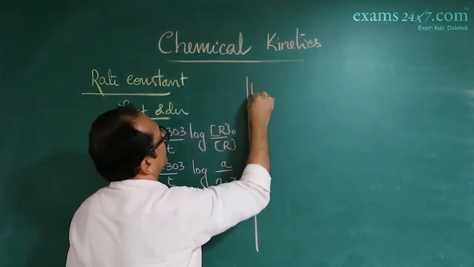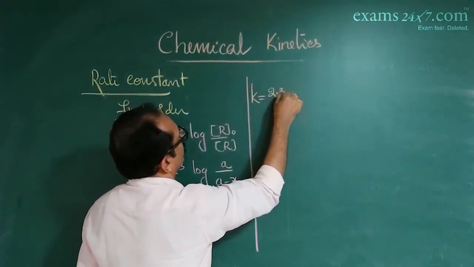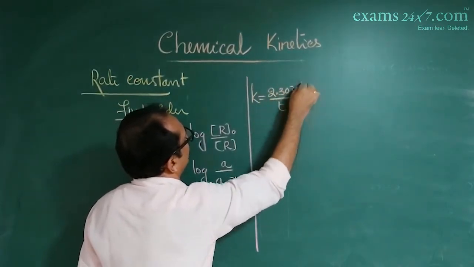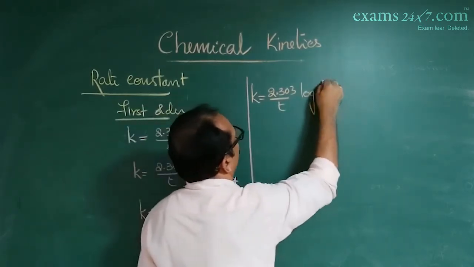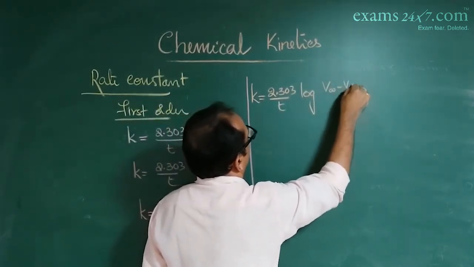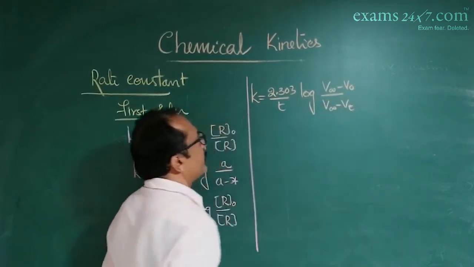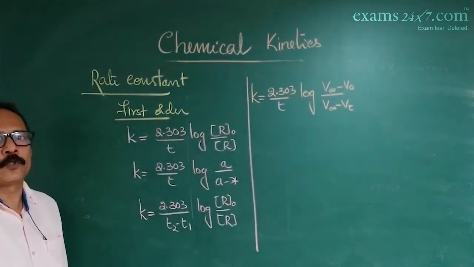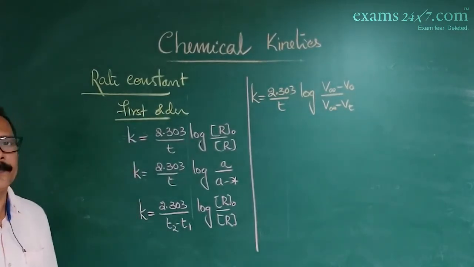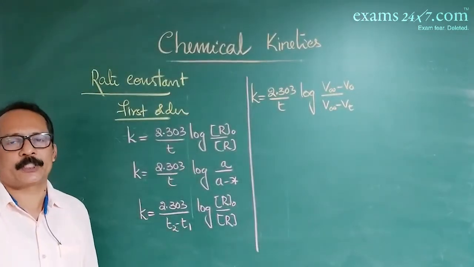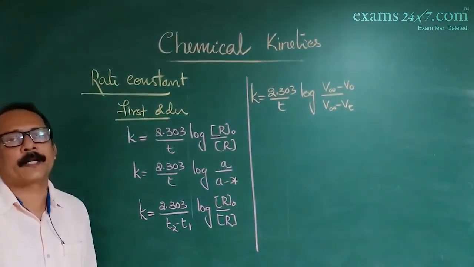Here we can represent K is equal to 2.303 by t log of V infinity minus V0 by V infinity minus Vt. So these are the different forms of expression of rate constant for a first order reaction.